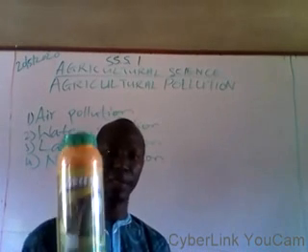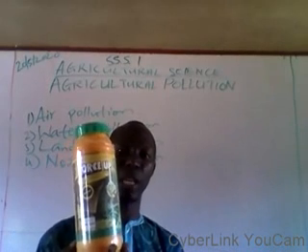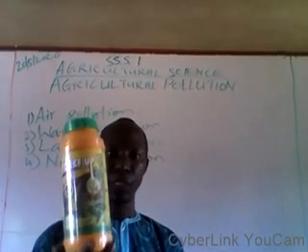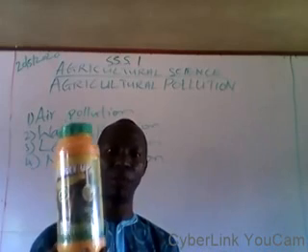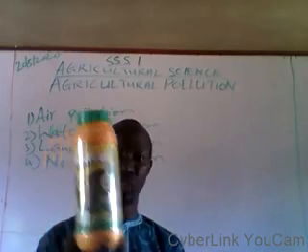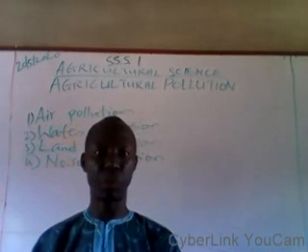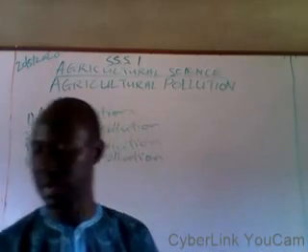For example, look at this. This container is an empty container of an herbicide that is used for killing the weeds. But if not properly used, or even after using and you just throw the empty container away without managing it properly, it can cause pollution because it serves as a pollutant.